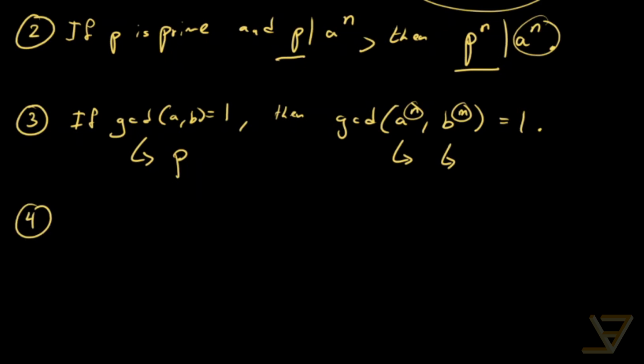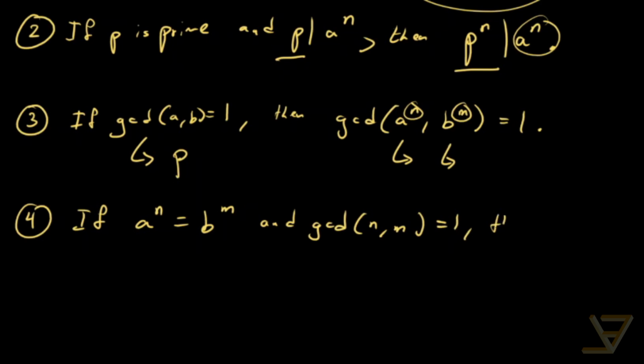The fourth power divisibility lemma is very interesting and powerful. It says that if A to the n is equal to B to the m and GCD of n and m is equal to 1, then first of all, notice that A to the n is an nth power, but we can say that A is an mth power.